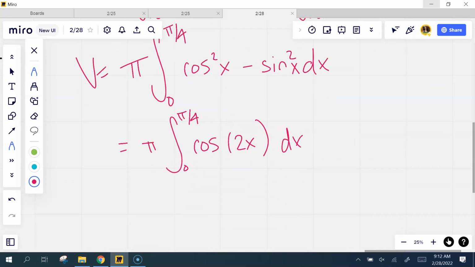Finish this out and see what you get. Don't forget your chain rule here, or use substitution however you want to do it, but you need your du to be 2dx.